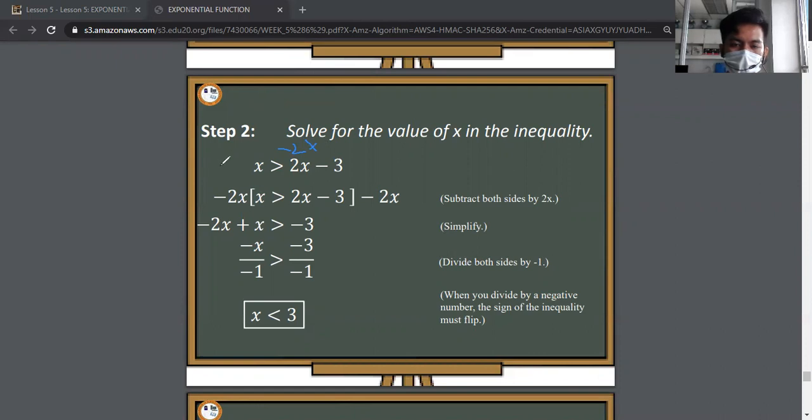So, dito, minus 2x din po. Then, positive po yung expo natin dito. Then, cancel. Magiging negative 2x. Ito na po yun. Negative 2x plus x greater than negative 3.